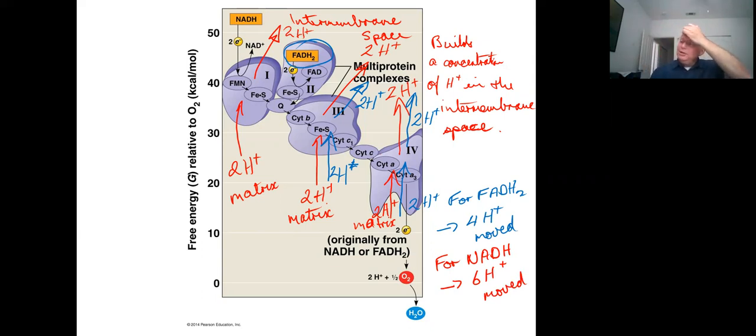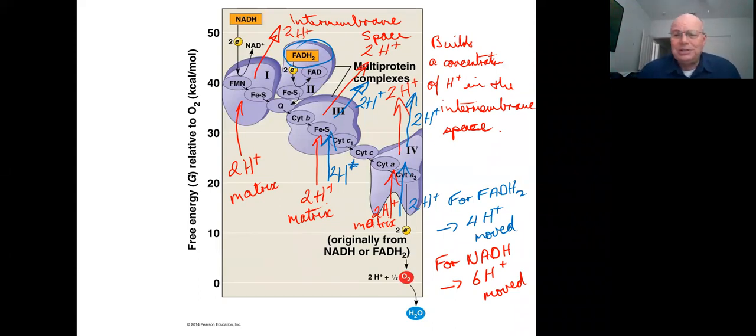For NADH, it's 6 hydrogen ions that are moved because the electrons from NADH pass through all 3 of the mainstream complexes, whereas the electrons from FADH2 only pass through complexes 3 and 4, and their energy is used to move hydrogen ions. So FADH2 electrons only move 4 hydrogen ions, NADH electrons move 6 hydrogen ions.